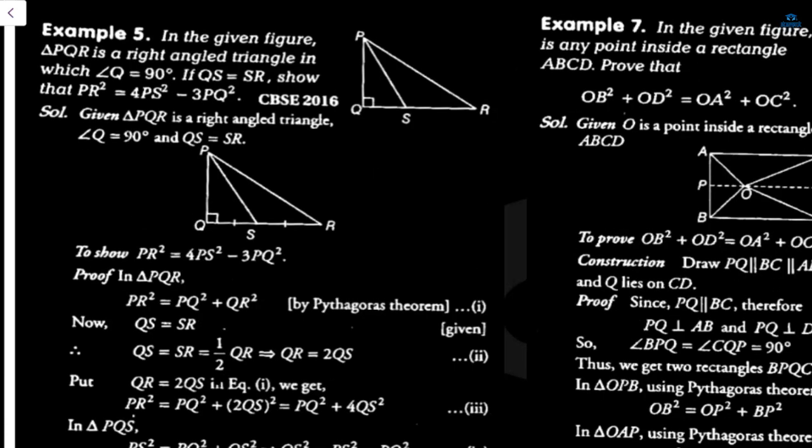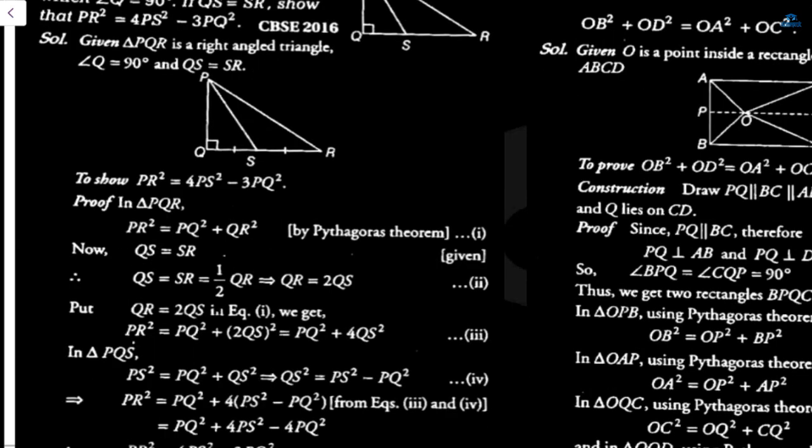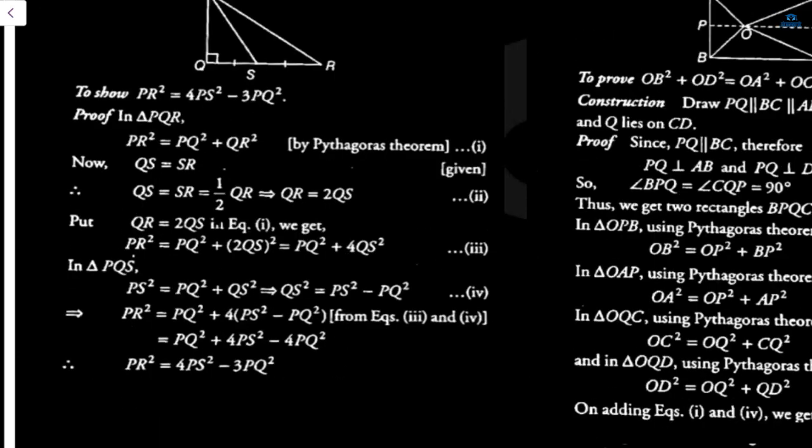In the given figure, PQR is a right angle triangle in which angle Q is 90 degree. It is mentioned that QS is equal to SR, so you can write QS as half RQ, sorry, half QR. Then you will get it, and then add the equations, subtract, and you will get the answer.